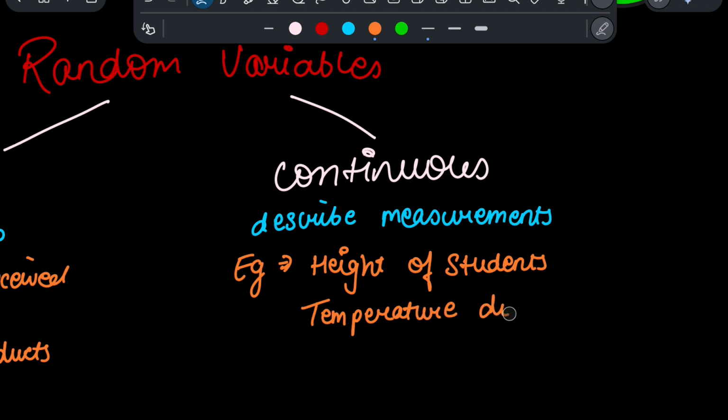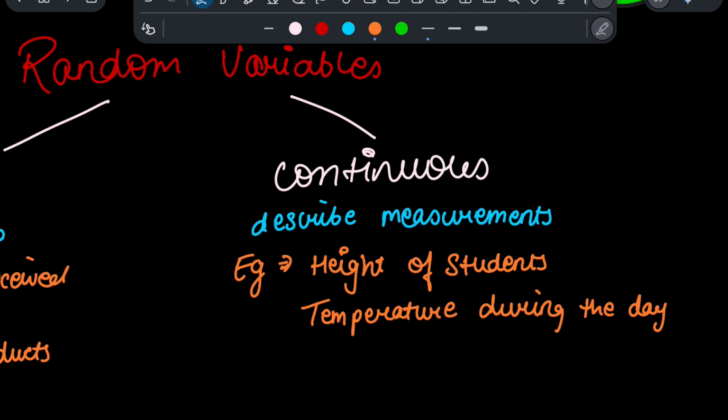If someone asks what's the temperature today, you would not say exactly 33, because it's not 33 degrees Celsius all throughout the day. You will instead say 30 to 35 degrees Celsius. So this is about the continuous random variable. Instead of probability at a single value, we give ranges.